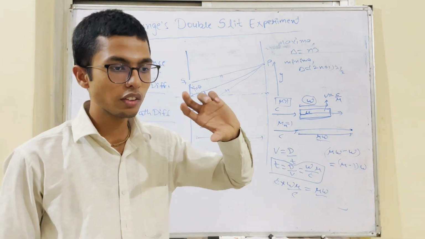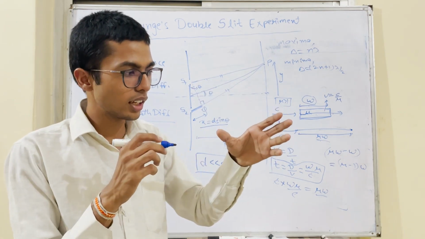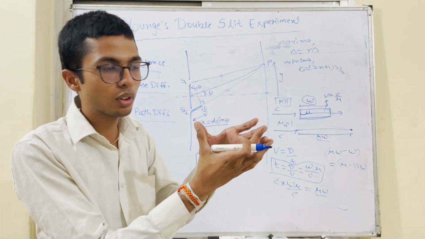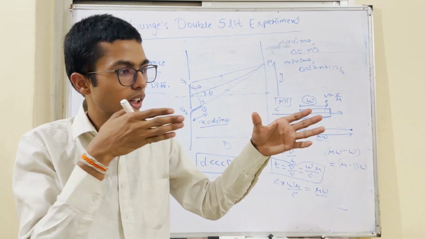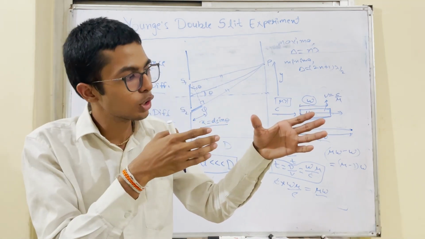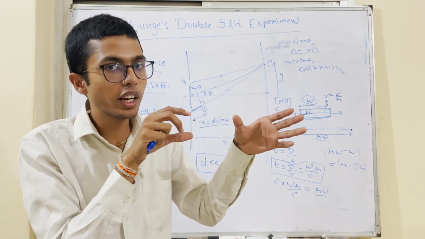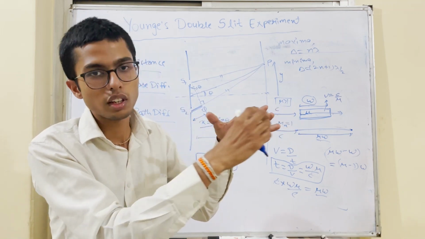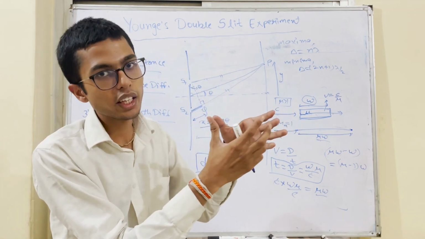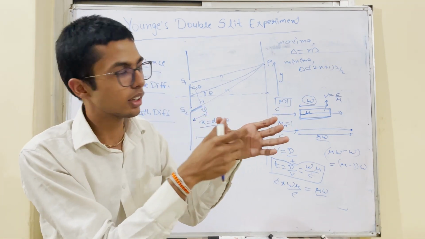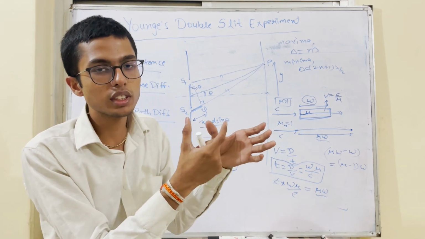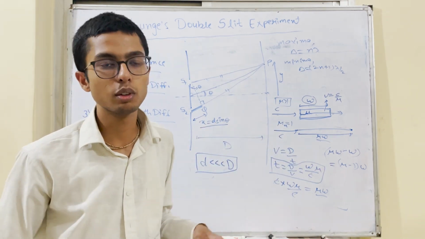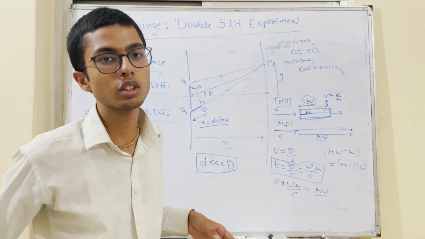Correct? If I am introducing a slab of width w in the path of the light ray, then the light rays which are passing through this slab are lagging by how much path, how much length? (Mu minus 1) w from the other waves which are passing through air.